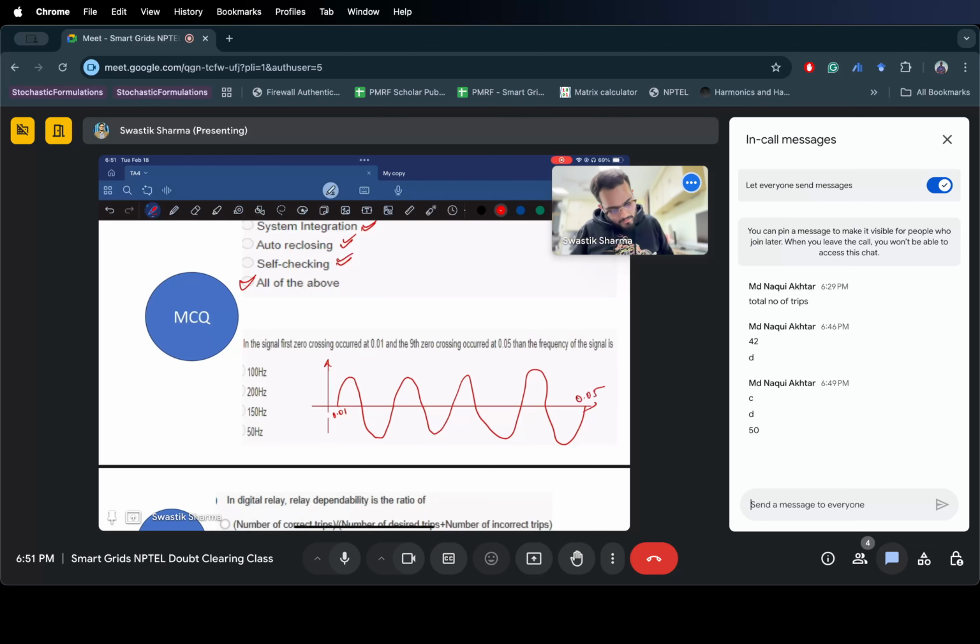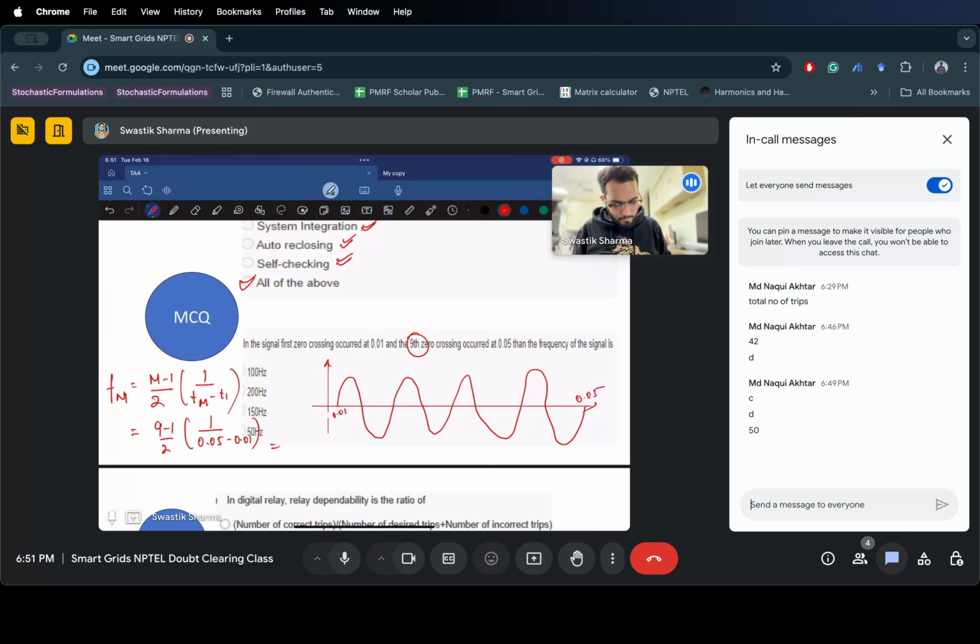So the answer given is wrong. I would appreciate if you could check it again. The formula was, if I am not wrong, (m minus 1) upon 2, times 1 upon (tm minus t1). The number of zero crossings is 9, so (9 minus 1) by 2, upon (0.05 minus 0.01).